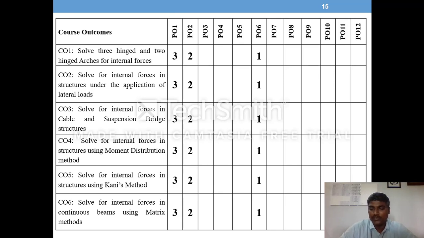That's how, in my view, as a teacher of structural analysis 2, these six course outcomes are being mapped to the POs at their corresponding level of mapping.